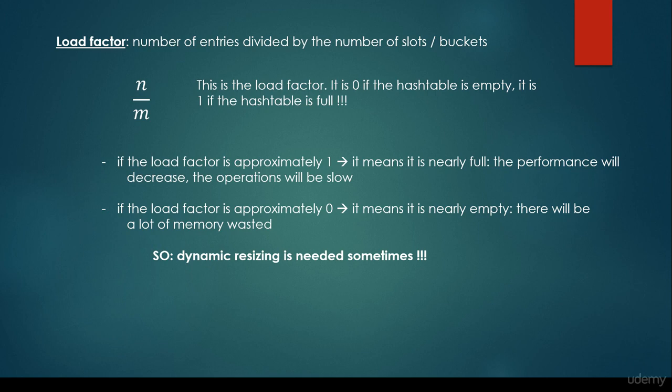If the load factor is approximately 0, it means that the data structure, so the array, is nearly empty, so there will be lots of memory wasted. And basically this is what I've been talking about, that there's a trade-off between memory waste and operations running time. If we waste memory in the sense that the array is nearly empty, then there will be no collisions.